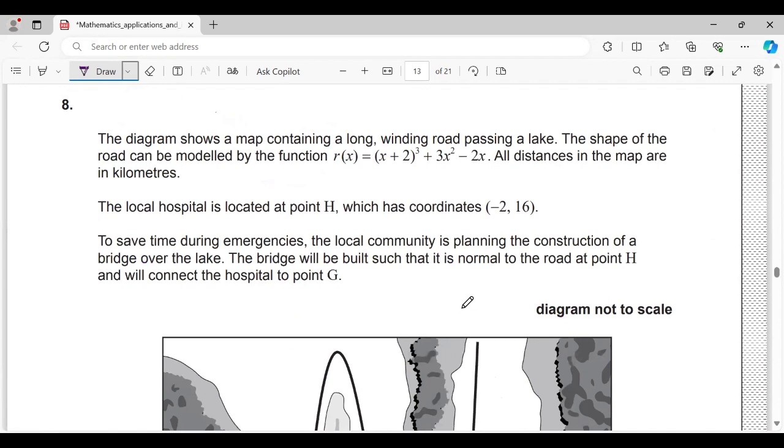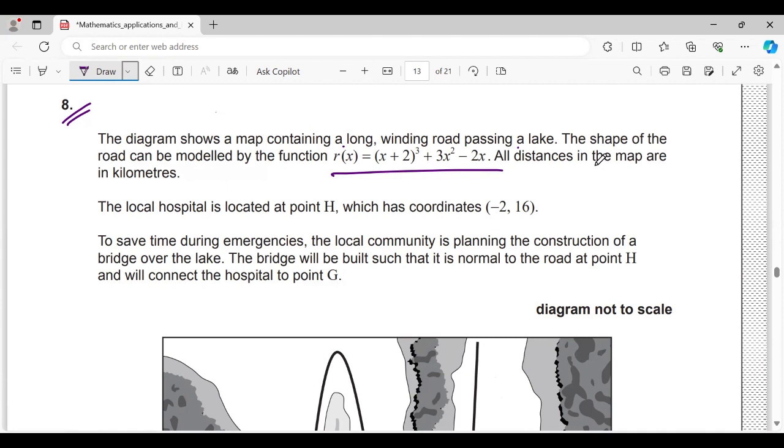Number 8. The diagram shows a map containing a long winding road passing a lake. The shape of the road can be modeled by the function R(x) equals (x plus 2) cubed, so on.